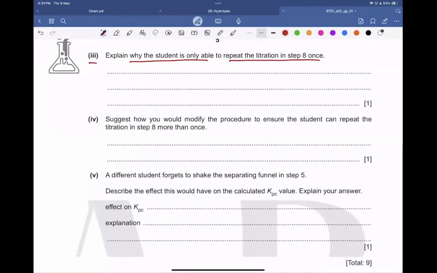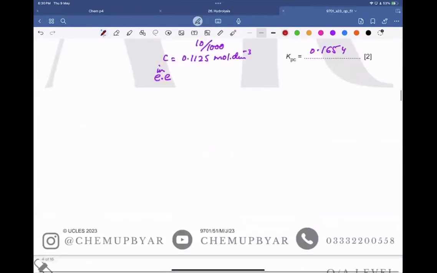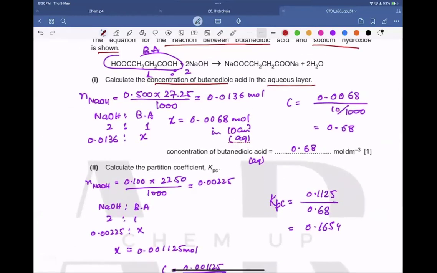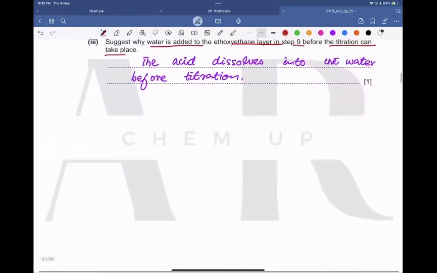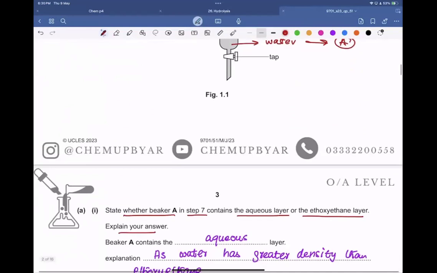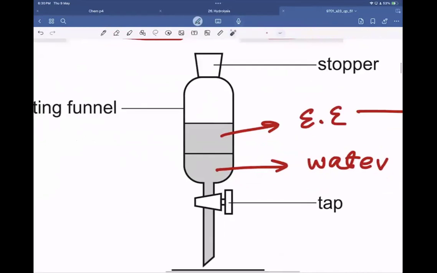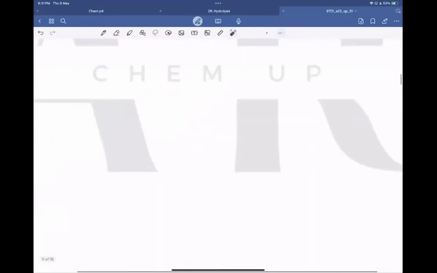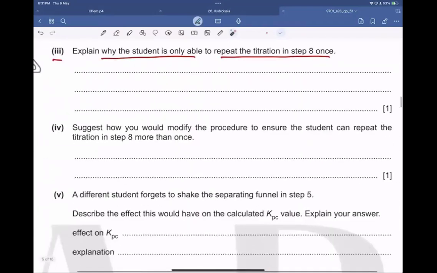If you recall, how much volume of water is there? 30 centimeter cube. What is the maximum capacity of a burette pipette? And as you see, it's a layer over here. So some of both the liquids must be discarded to avoid mixing. So we will not get the exact 30 centimeter cube of water layer. So that's why we are not able to perform more than once.